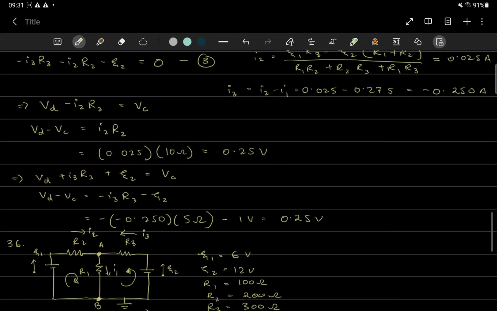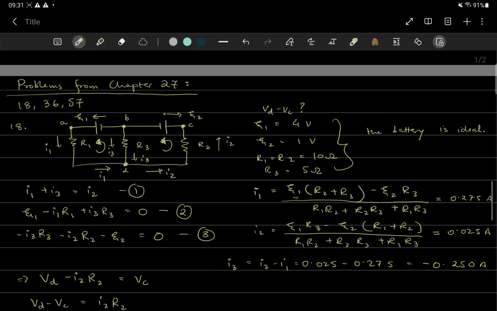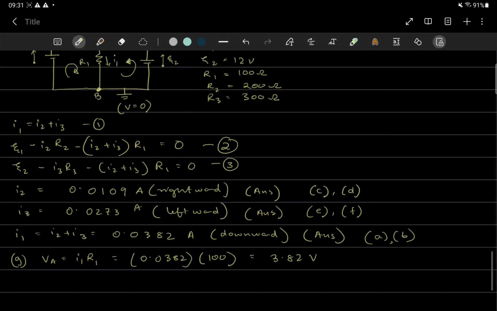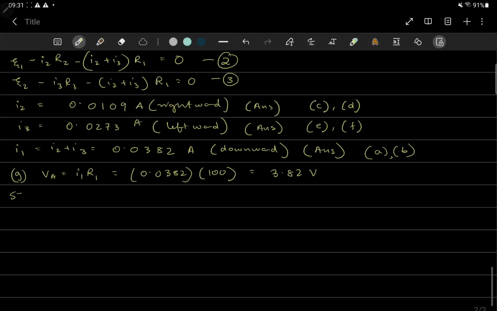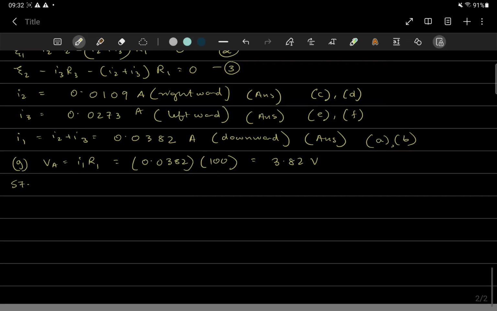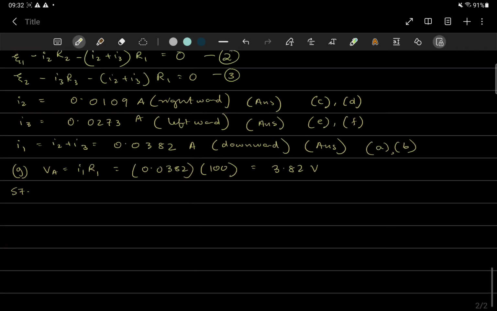Now let's move on to the next one, which is problem number 57. So problem number 57, let's take that out from the book. Problem number 57 is from RC circuits, and you have the circuit again. Let me draw it out as the following.